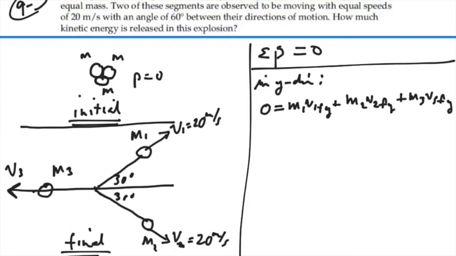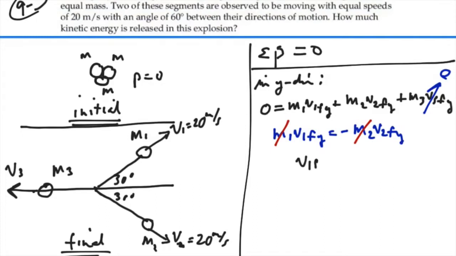Mass 3 has no final velocity in the y direction, so this last term is 0. And it would be true that mass 1, velocity 1 final in the y direction would equal a negative of mass 2, velocity 2 final in the y direction. Mass 1 and mass 2 being equal, we can divide those through, and we have that v1 final in the y direction is equal to negative v2 final in the y direction.